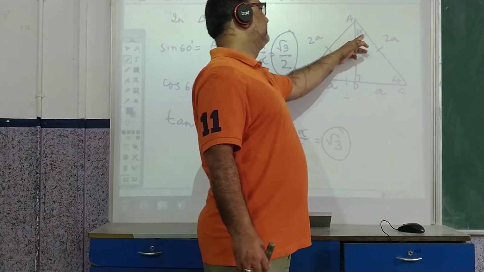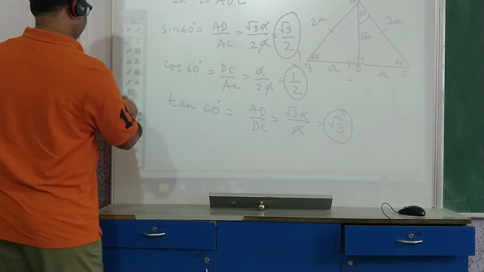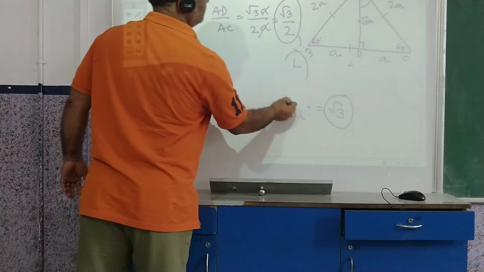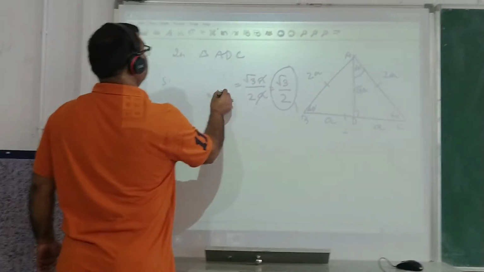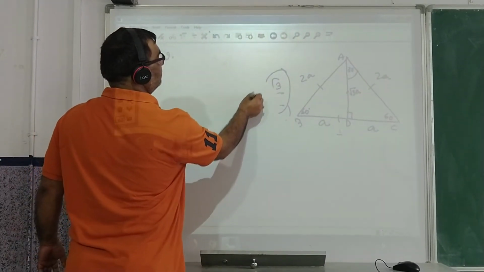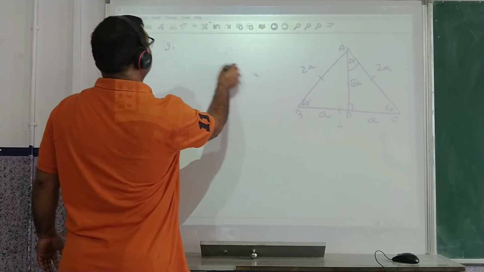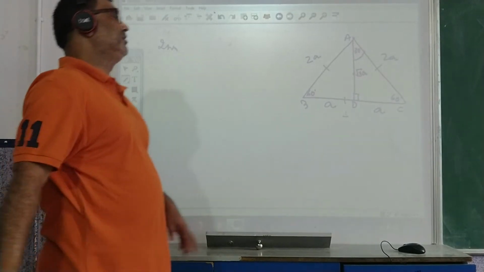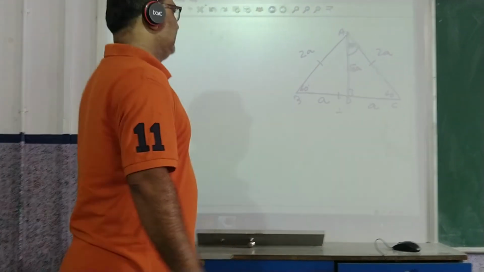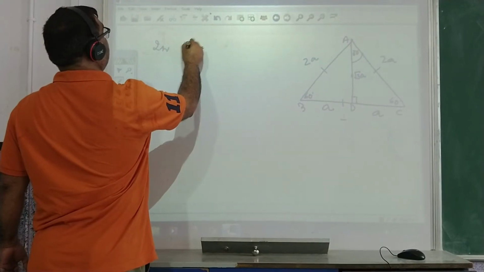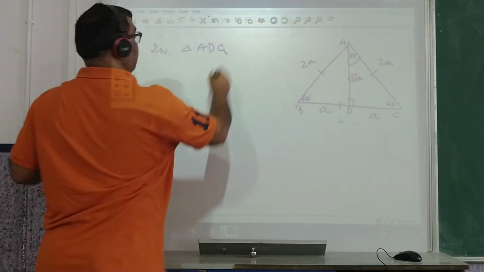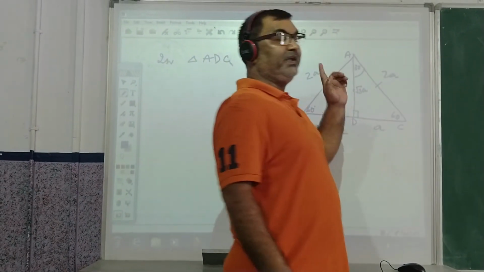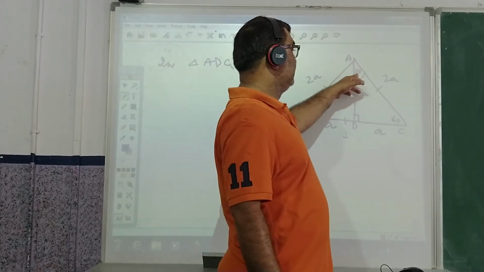Now move to 30 degree. Again, the same triangle, in triangle ADC, now the angle of reference changes from C to A because we need to find the value for 30.